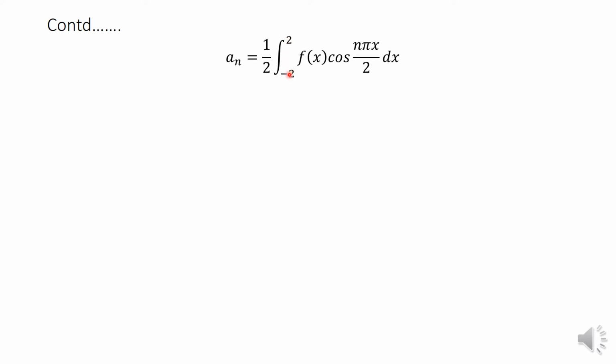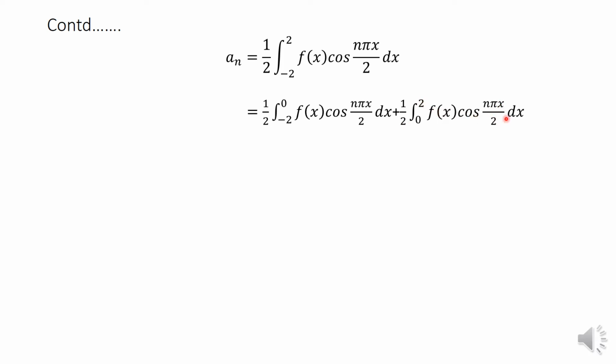Therefore we get integral minus 2 to plus 2 of f of x cos n pi x by 2 dx. Again you split this integral into a sum of two integrals like this: 1 by 2 times integral minus 2 to 0 of f of x cos n pi x by 2 dx plus 1 by 2 times integral 0 to 2 of f of x cos n pi x by 2 dx.